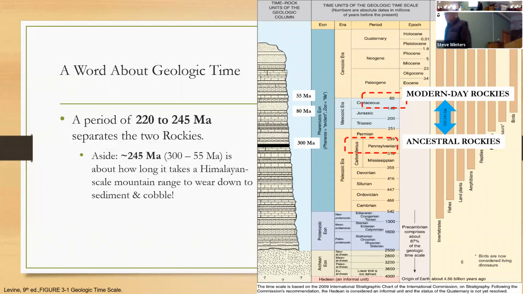As an aside, the ancestral Rockies have long since disappeared. It took about 245 million years for them to disappear and for the modern day Rockies to appear. We still see remnants of the ancestrals, but a couple hundred million years is what it takes to wear down a Himalayan scale mountain range to practically nothing.